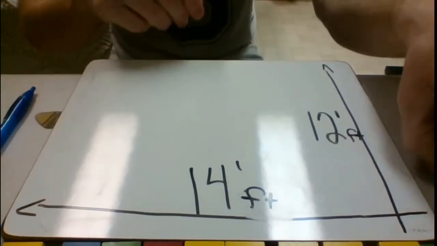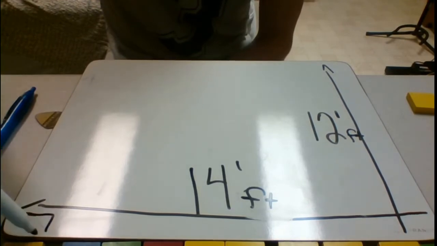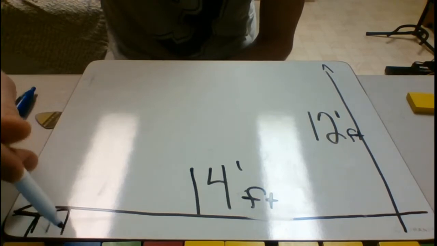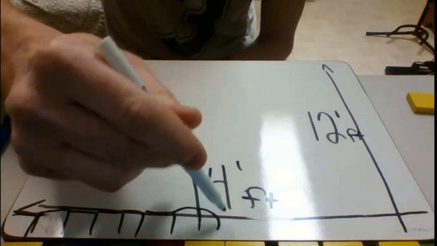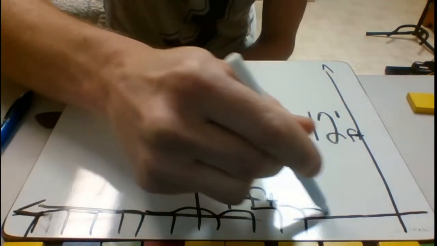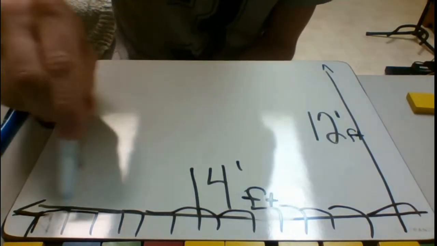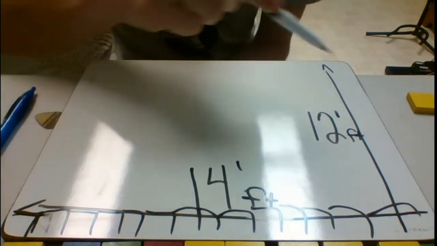So if we look at our whiteboard, in this one I'm pretending that there are 14 foot tiles that would fit along one side. 1, 2, 3, 4, 5, 6, 7, 8, 9, 10, 11, 12, 13, 14. Obviously those aren't perfect, but you get the picture. 14 foot tiles, 14 feet along one side, and 12 the other way.